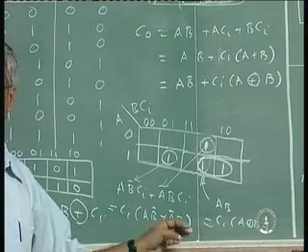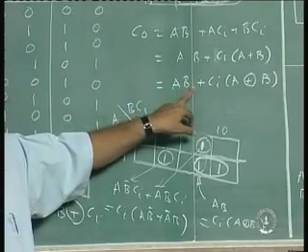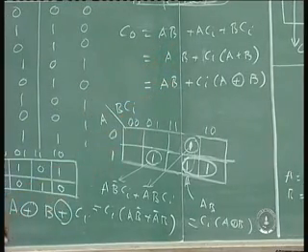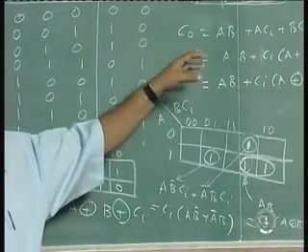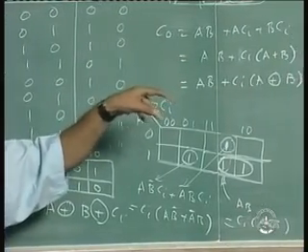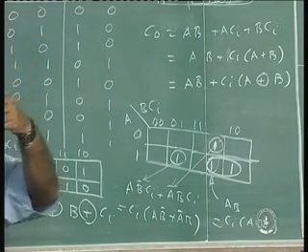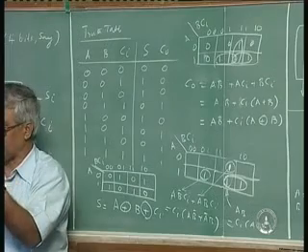So find out and list using this equation and using this equation. For sum use this equation always. For carry you can use both these equations, first this and this. In each case list the number of gates. Whenever you are asked to give the number of gates, you should give the type of the gate. You can't say 17 gates.